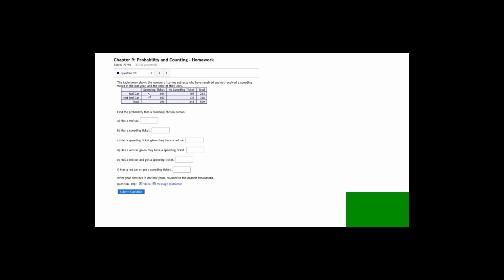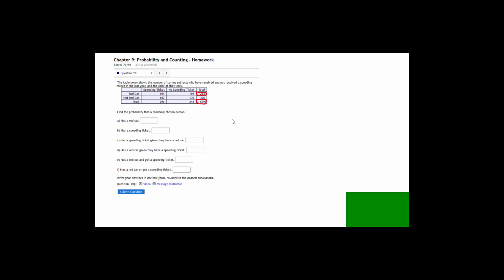Well, the total of red cars that we're looking at here is 213. So we will divide that by the 539.